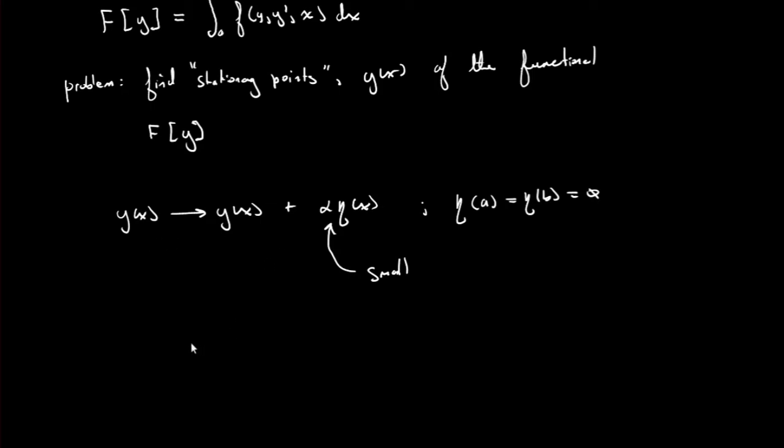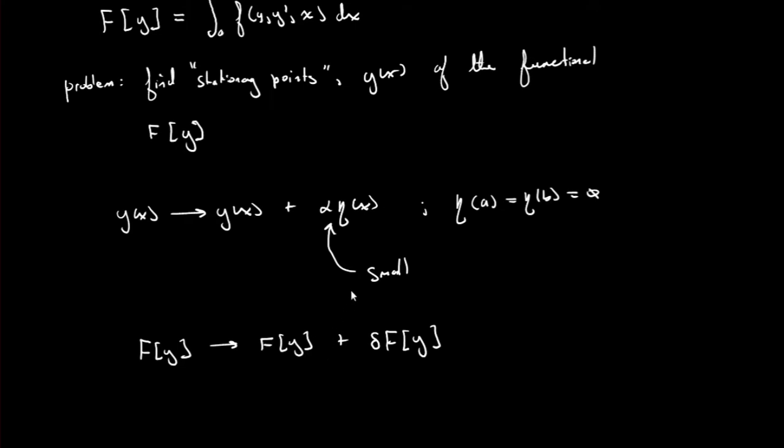So after we make this displacement, F of y is going to become F of y plus, and this time it's common in calculus of variations to use a lowercase Greek delta of F of y to represent the displacement in the value of the functional evaluated at some point that's displaced slightly from the stationary point.